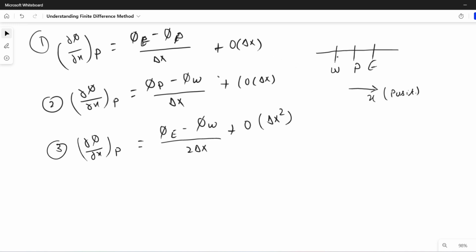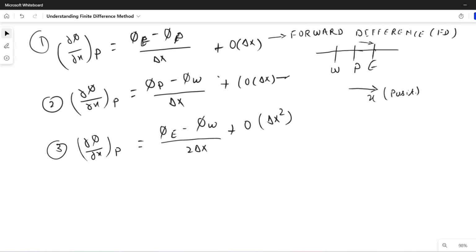So point E is located in the forward direction from P, and to find the value of dou phi upon dou x at point P we are using the forward point. So this is known as forward difference, or FD.